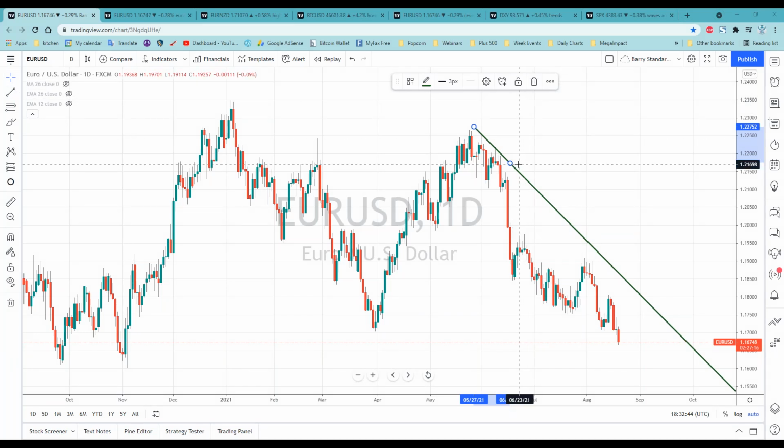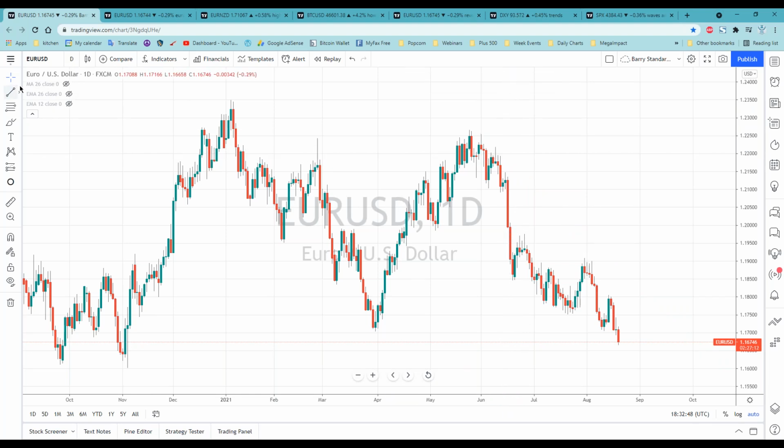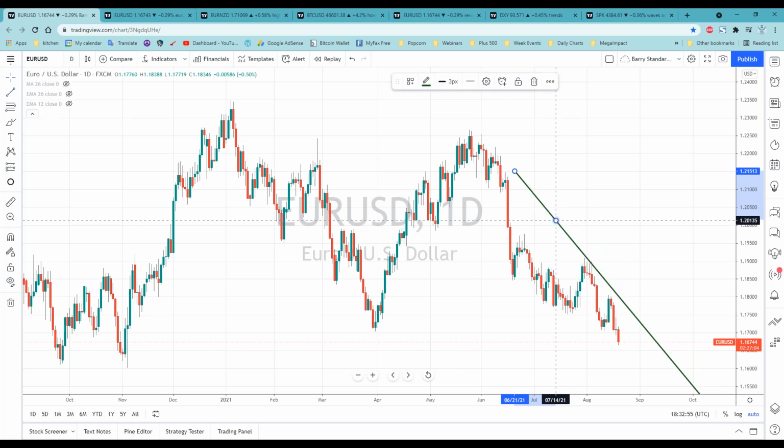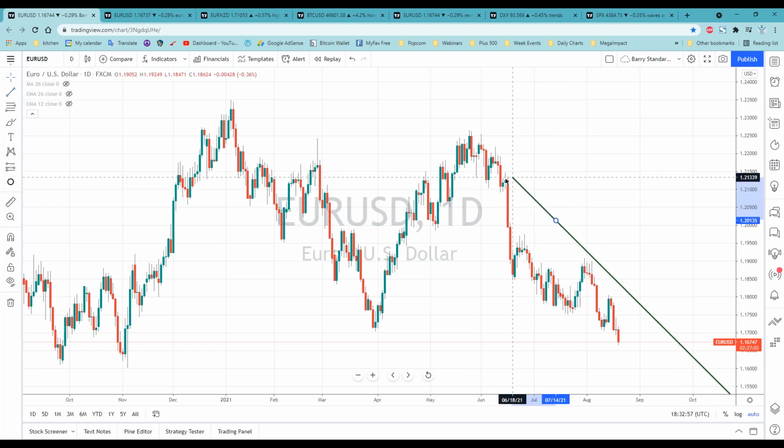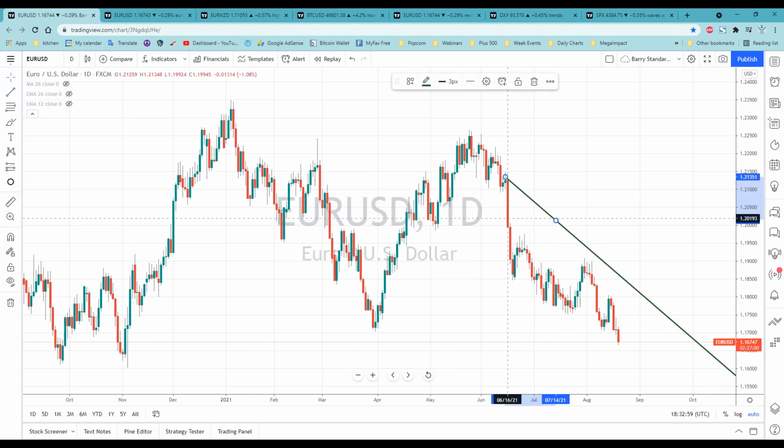So for instance, we might decide to draw a trend line here. Okay. We can draw many and we can constantly remove them from the charts.